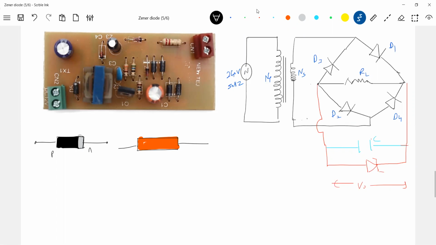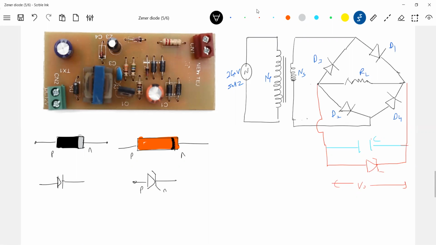You can see the ring. This is N type, this is P type, this is the ordinary diode. This is the Zener diode. Okay, I think fine.